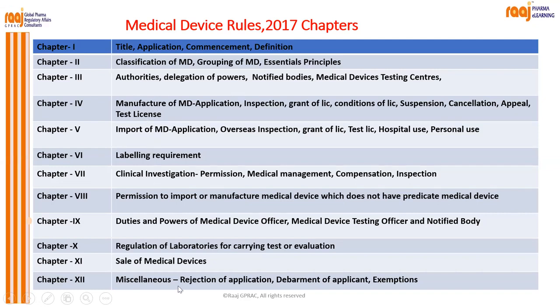Chapter 4, like that you can read out. Chapter 6 is also important when we talk about labels, so the labeling requirement of a product is also important. Then when you are going to import your MD, for application, overseas inspection and all, chapter 5 is important. So like that, there are 12 chapters given under this MDR 17.